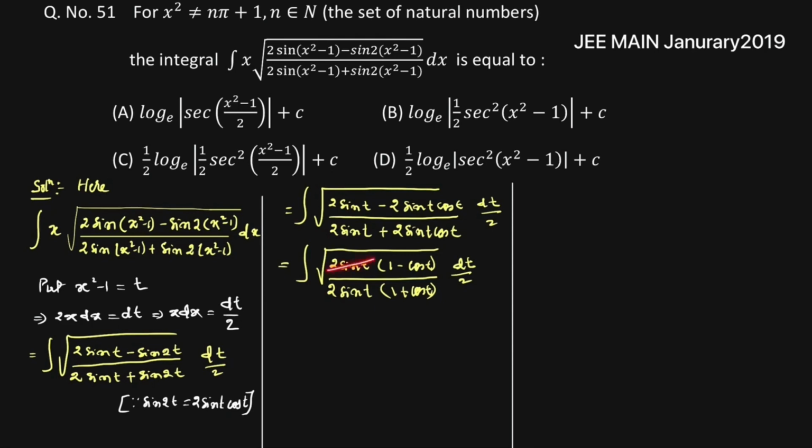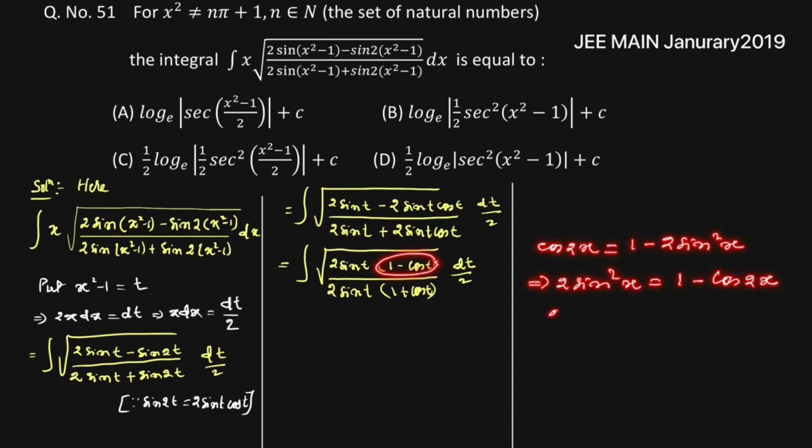After that 2 sin t and 2 sin t cancel, and in that place we are able to use the half angle formula, that is cos 2x we are able to write as 1 minus 2 sin square x. Now 2 sin square x we are able to write 1 minus cos 2x.